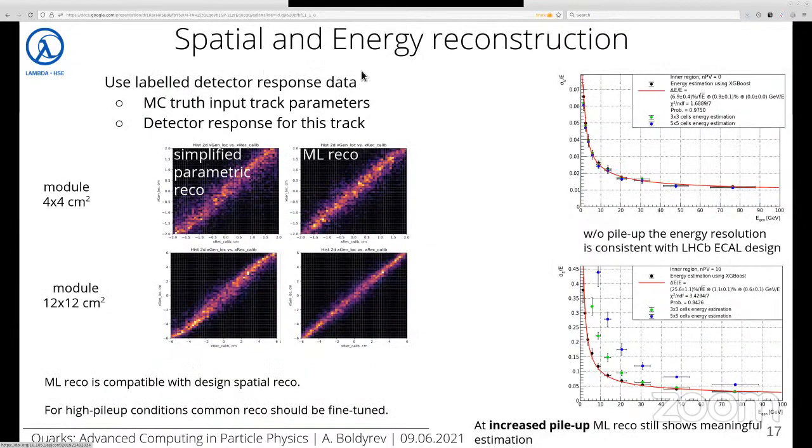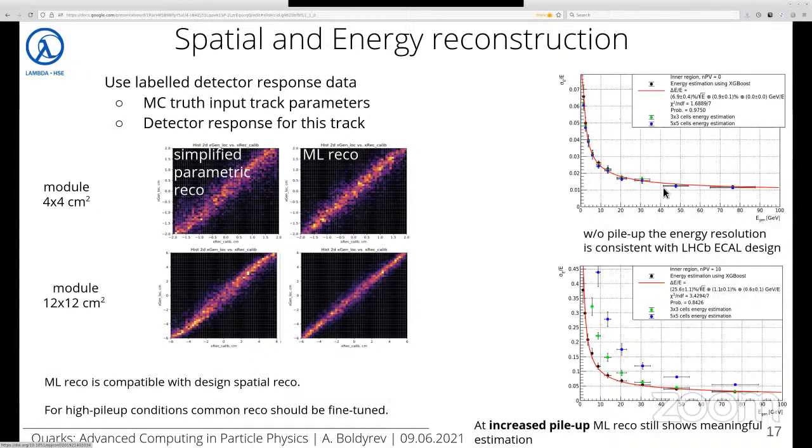To reconstruct spatial and energy resolution, as I said, we used machine learning, and on this slide we compared the simplified parametric reconstruction with our implementation of XGBoost. These 4 images are for the spatial reconstruction, and the images on the right are for the energy reconstruction.